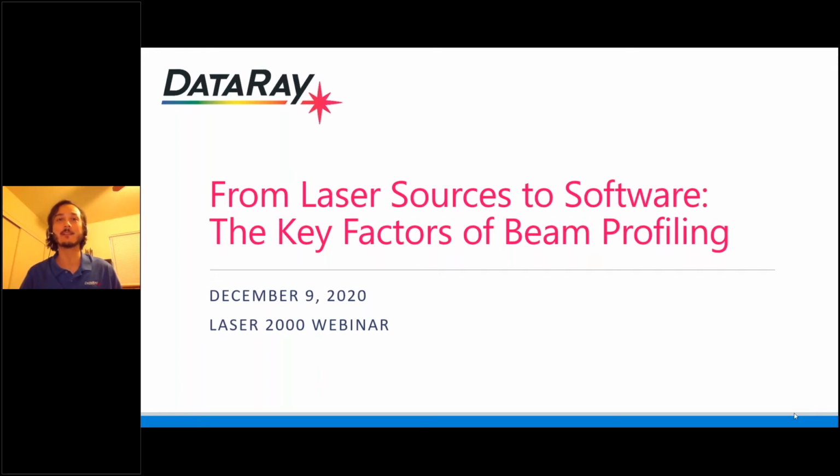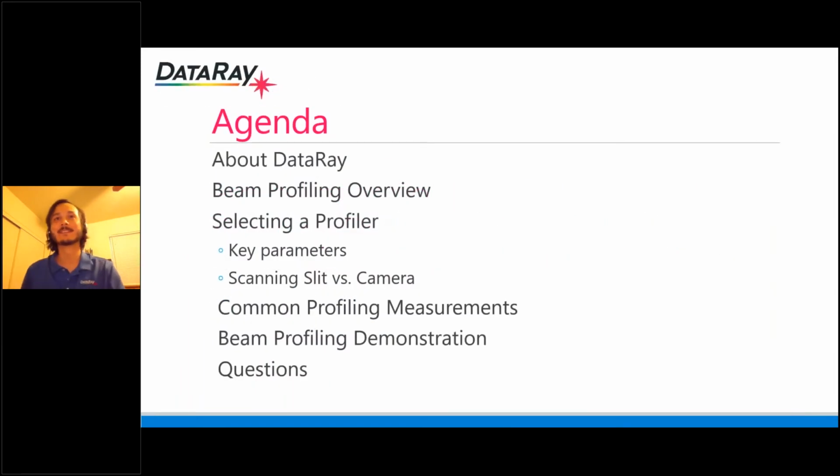Today, the title of our presentation is From Laser Sources to Software, the Key Factors to Beam Profiling. Okay, so for our agenda today, we're just going to go into a very brief overview of our company, DataRay. We're going to explain some overview of beam profiling, including the industries where this is important, as well as why beam profiling is important to begin with. So when selecting a profiler, we're going to go into some key parameters you should consider.